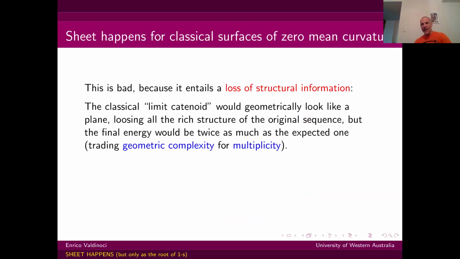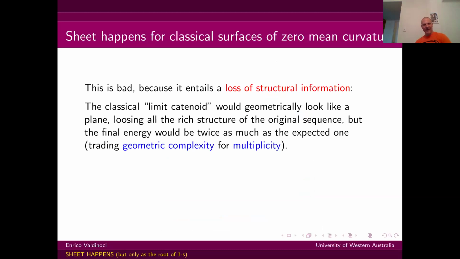So unless you really like this kind of pathologies, I mean, for people like me, this is a bad situation because there is a loss of structural information. So the limit catenoid is actually just two planes, one over the other.